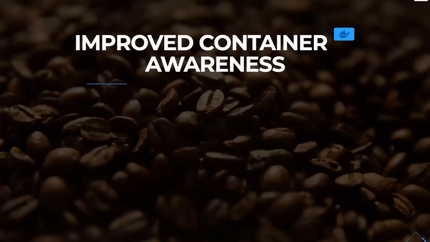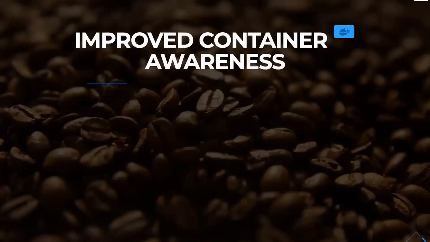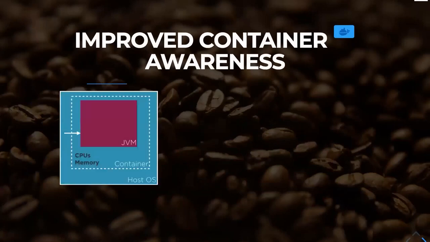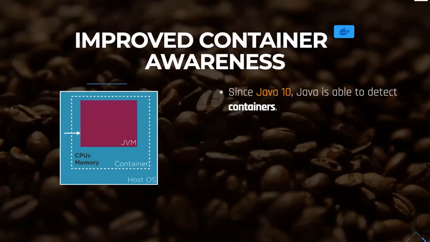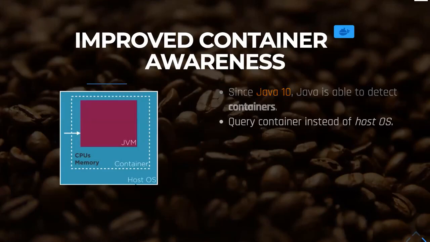Security and other enhancements. All of us, I think, are aware that previously in a Docker image, when the JVM tried to get the memory, it would always ask the container, and actually the request goes to the host operating system, not the container. So we had a lot of out of memory exceptions, and we didn't know why. It was a bug: when the JVM requests the container, the request goes to the host.